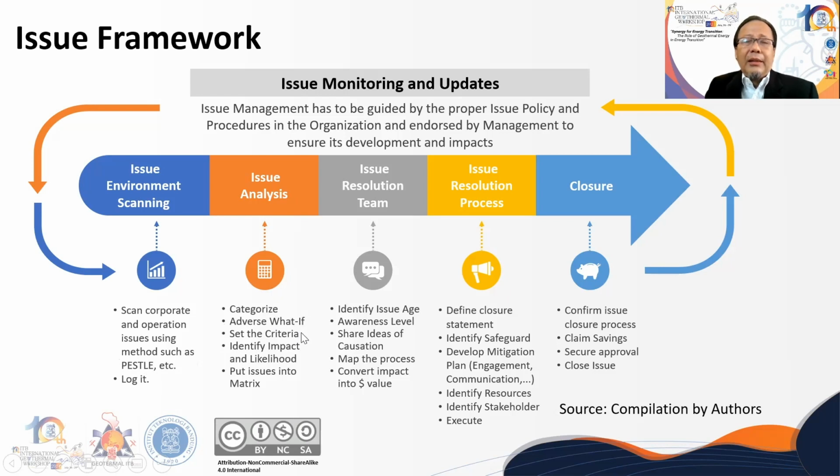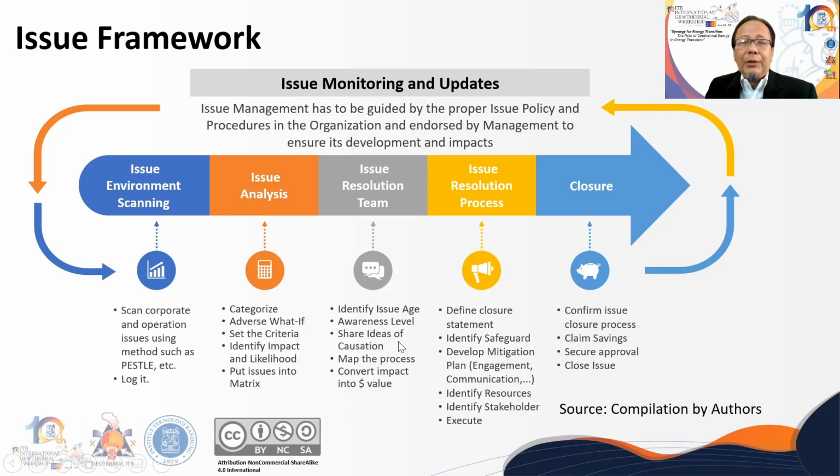Then identify the impact of the issue based on the criteria we put, like the cost, the finance aspect, the reputational aspect, the operational breach, and so on. Then put the issue into a matrix, which we call issue mapping.